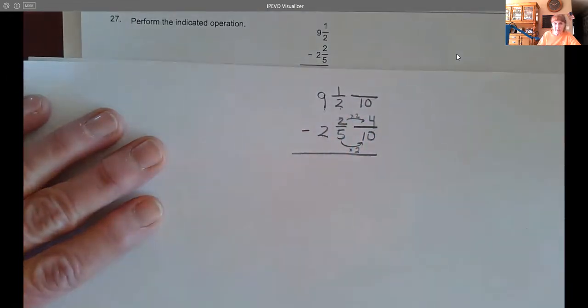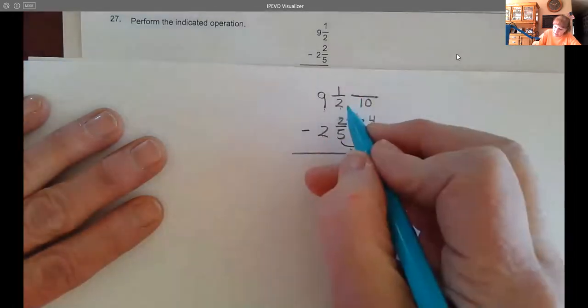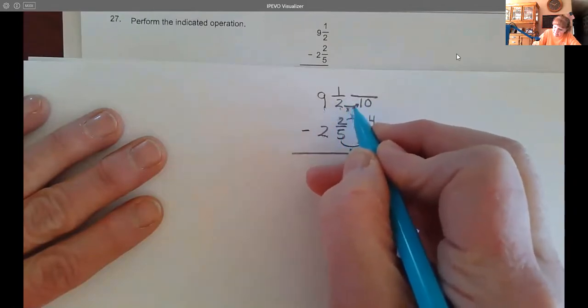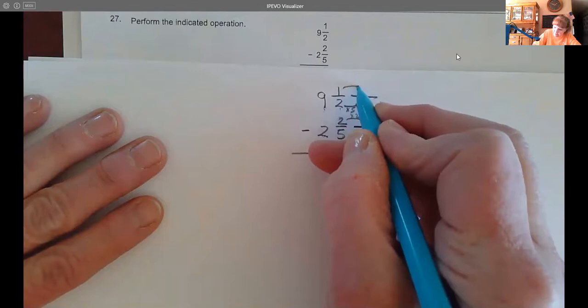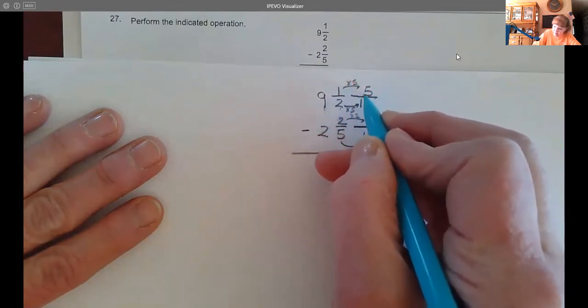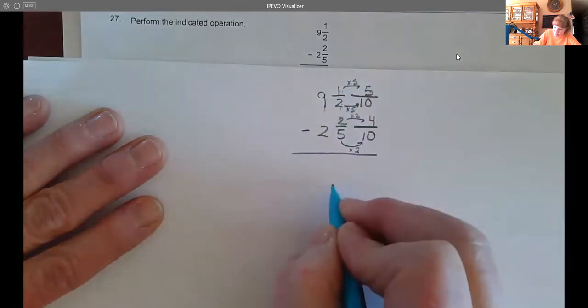So I have 4/10 rather than 2/5. They mean the same amount. Here, to go from 2 to 10, I times it by 5. 1 times 5 is 5. 5/10 is 1/2. I'll just write them down.